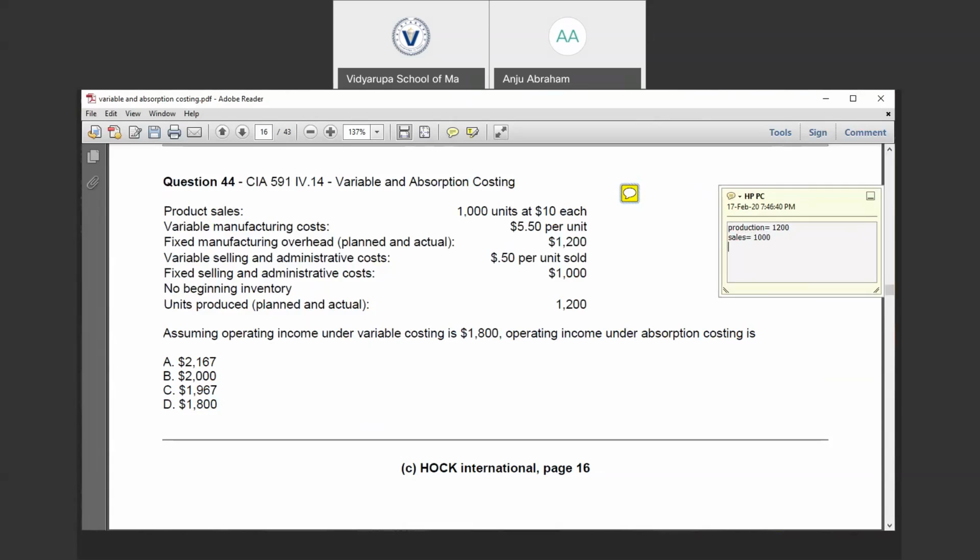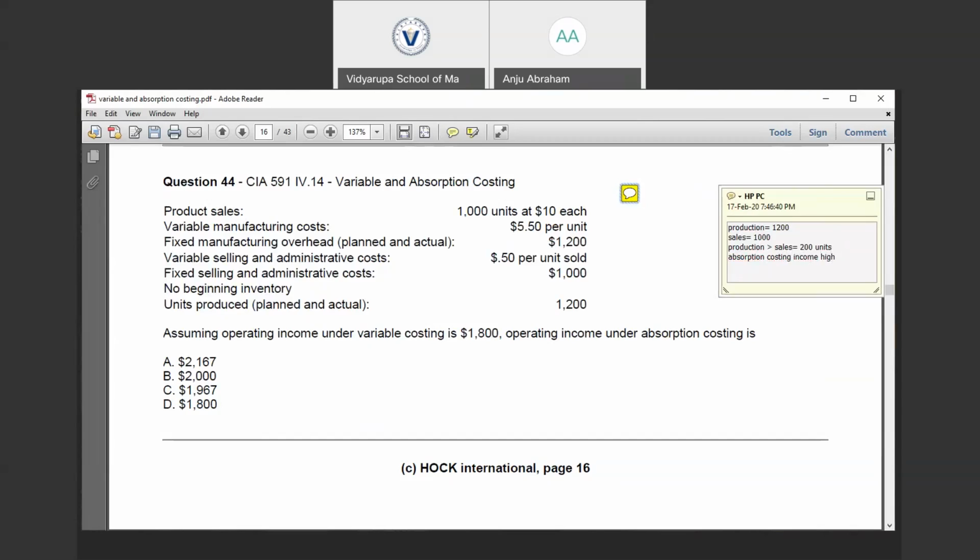So production exceeds sales. Production is greater than sales by how much? 200 units, right? Since production exceeds sales, the income reported under absorption costing would be high. So under absorption costing, income is high.